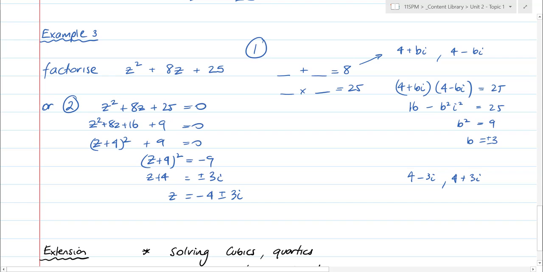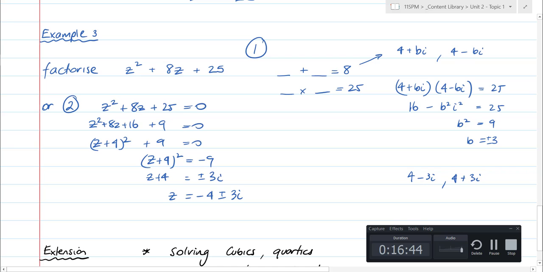Over here, what did I get? Add to give 8. Oh, I don't really know why negative 4 would actually work. Don't know. Just stop that there.